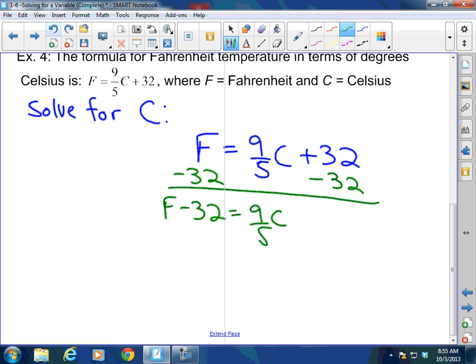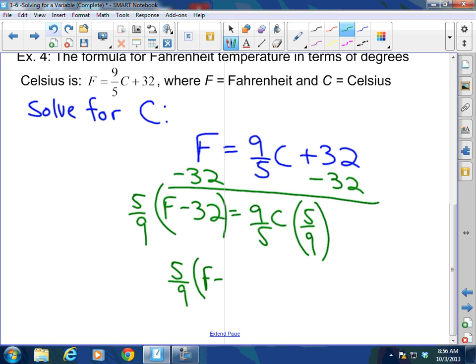Now, how do we get rid of a fraction that's being multiplied to a variable? Thank you, sir. You multiply by the reciprocal. Okay? By the reciprocal. So, this is going to be 5/9 times F minus 32. Do not distribute it.